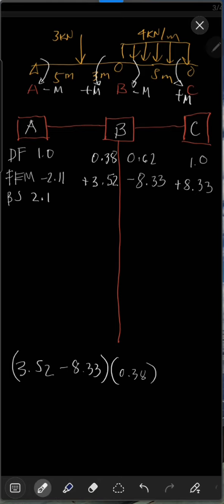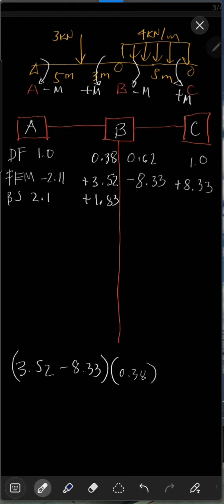So 3.52 minus 8.33 times 0.38, multiplied by the distribution factor. The result is negative because the value of 8.33 is bigger. So negative 1.83, but you have to change the sign, so it would be positive 1.83.